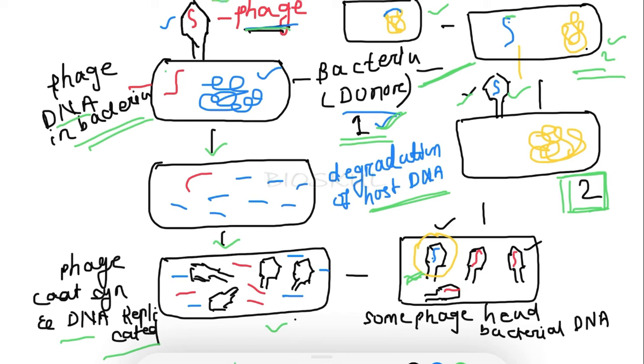In transformation, the naked DNA from the environment is taken up by the bacteria. But here the DNA is transferred via a bacteriophage. So this is the first difference between transformation and transduction.